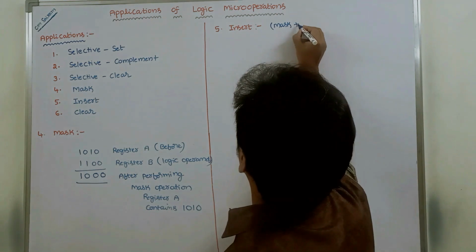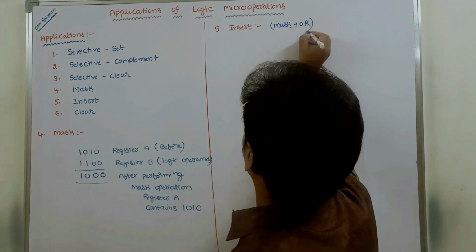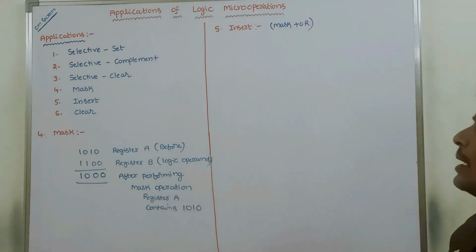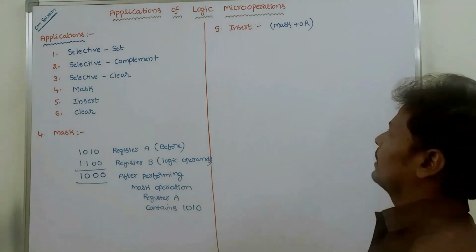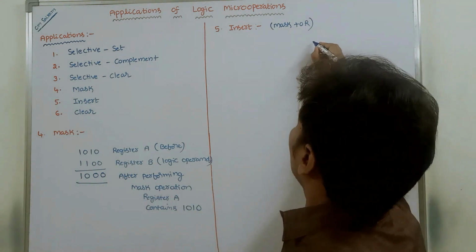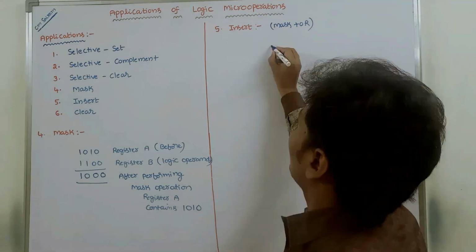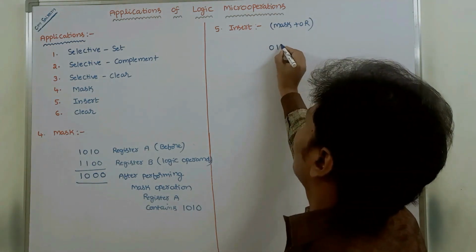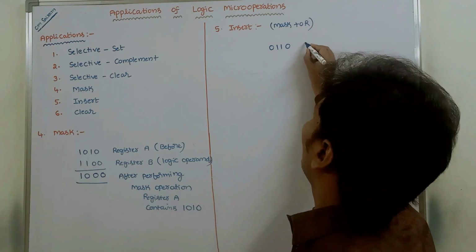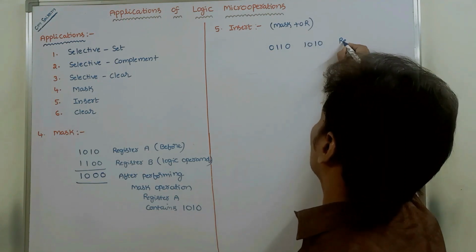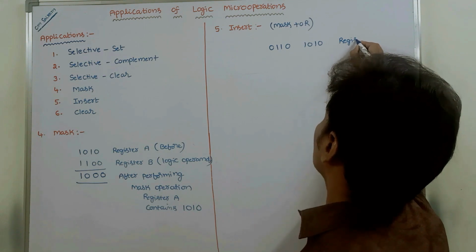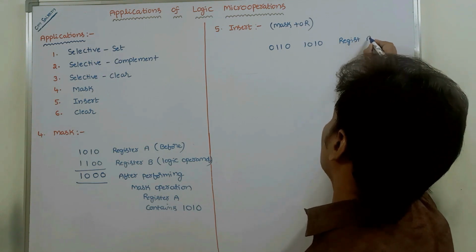Okay. So how it can be performed? Suppose register A contains 0 1 1 0 1 0 1 0. So 8-bit information stored in register A.